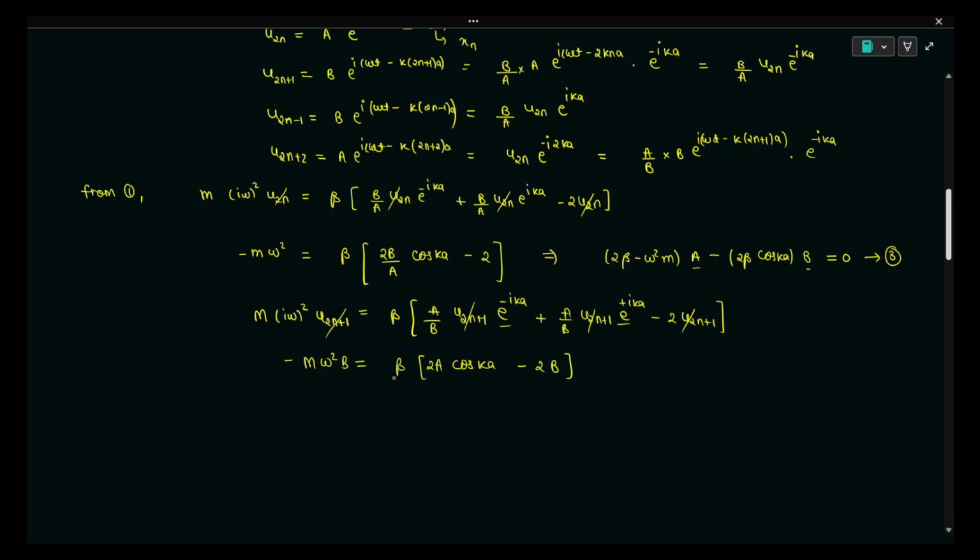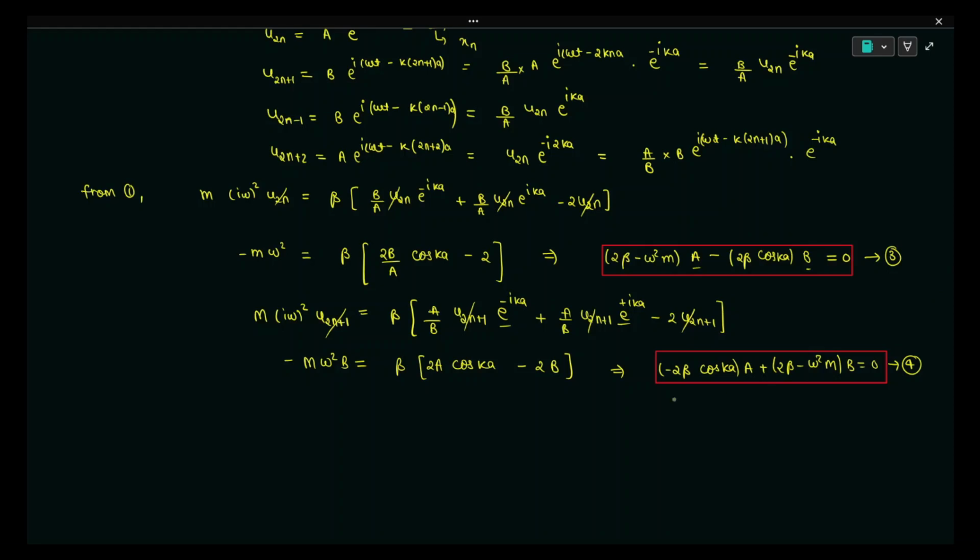So now I can rearrange this equation to get in the terms of a and b separately, so that will become minus 2 beta cos ka with amplitude a, and then plus 2 beta minus omega square capital M b equal to 0. This becomes my equation number 4.